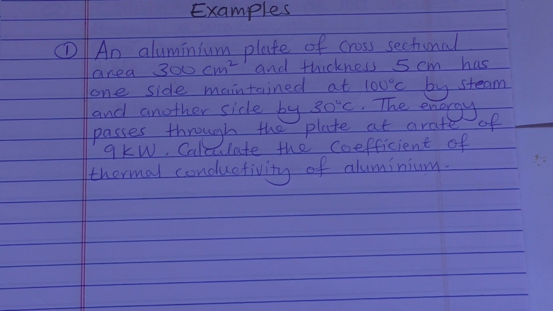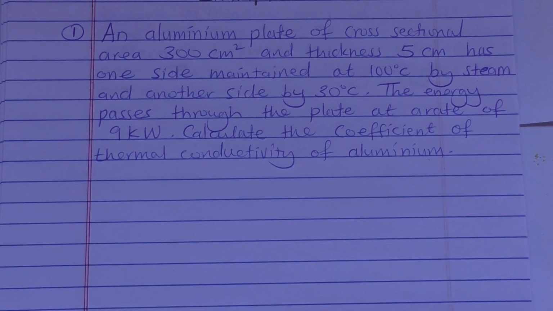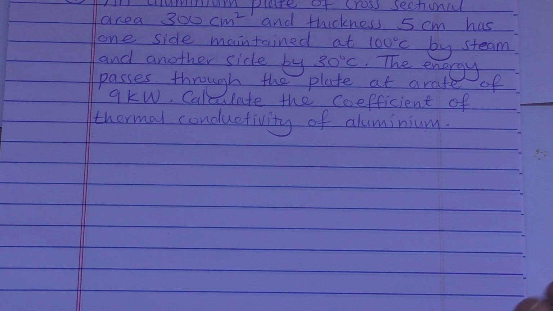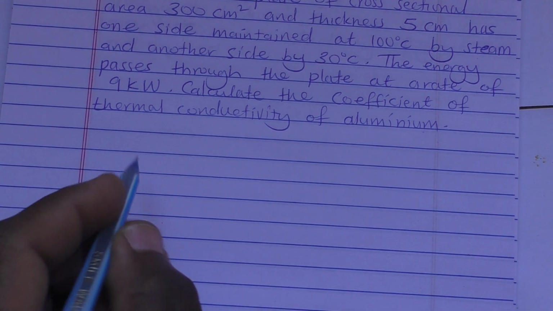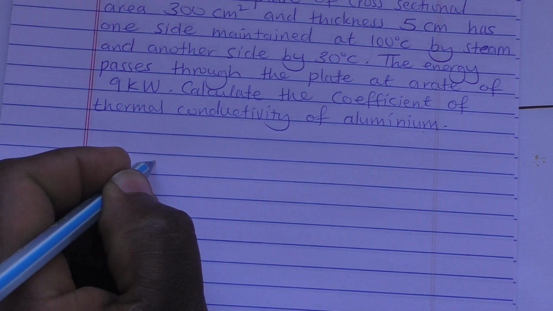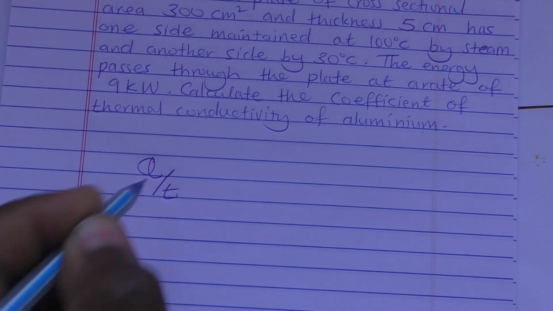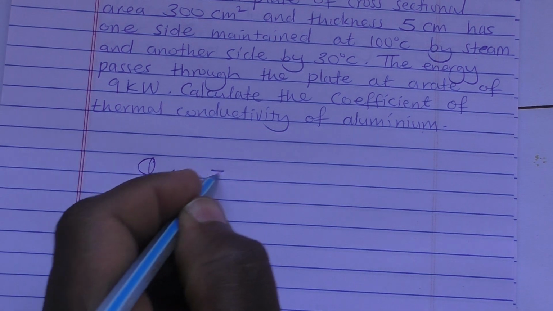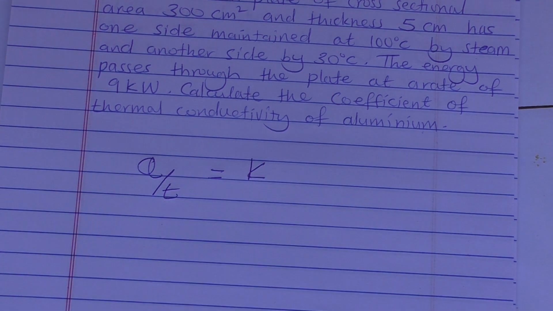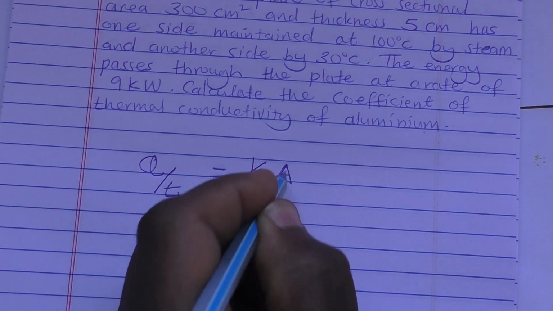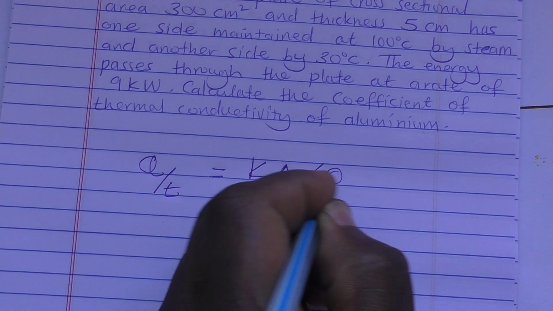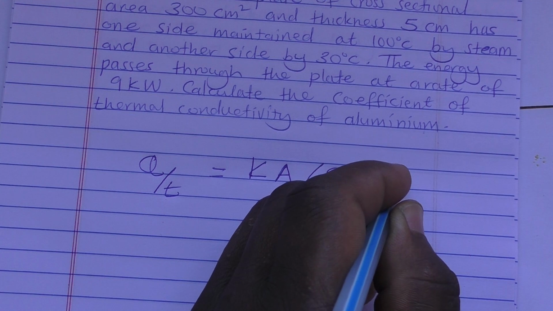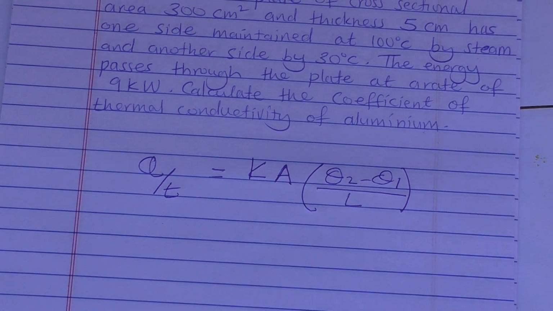So from our equation, or the general equation for the rate of heat flow, which says that the rate of heat flow, that is Q over T, equals thermal conductivity K times the cross-sectional area times the temperature gradient, which is (theta 2 minus theta 1) over the thickness.